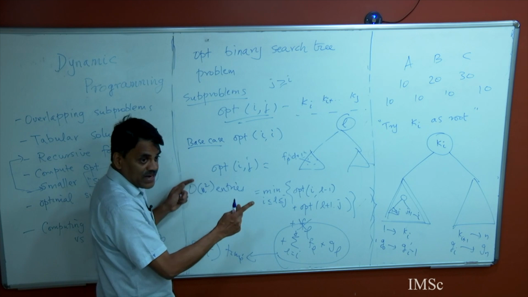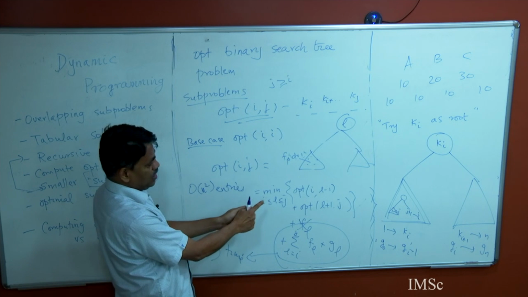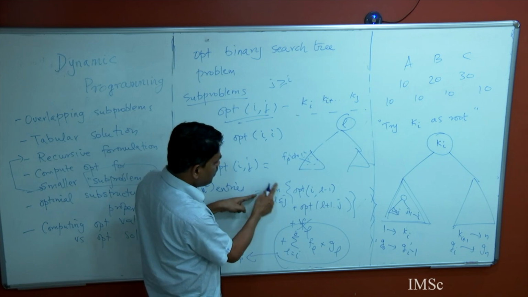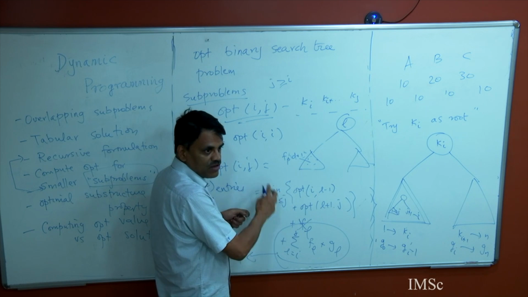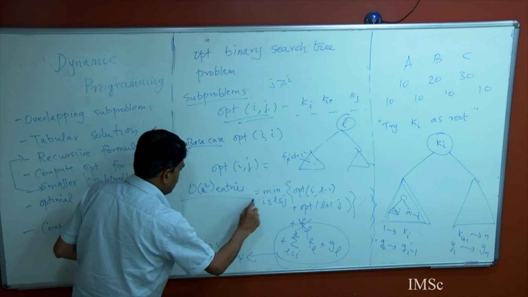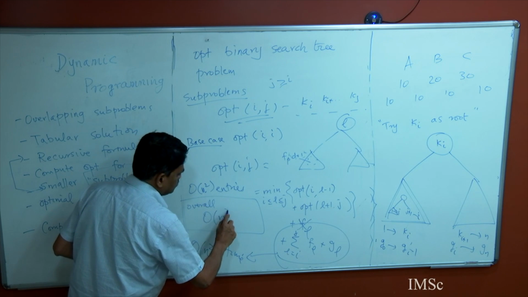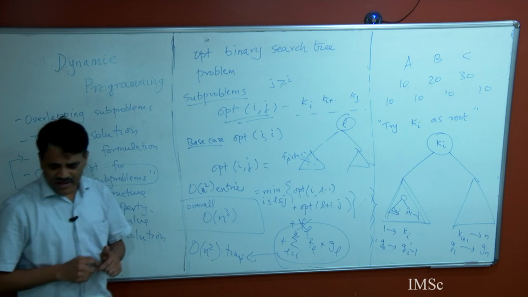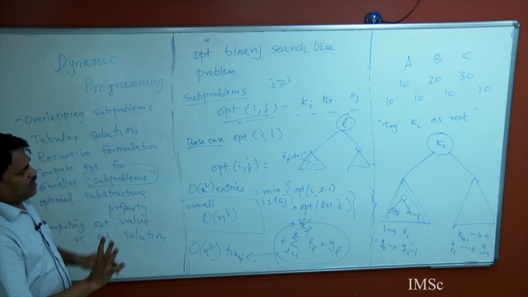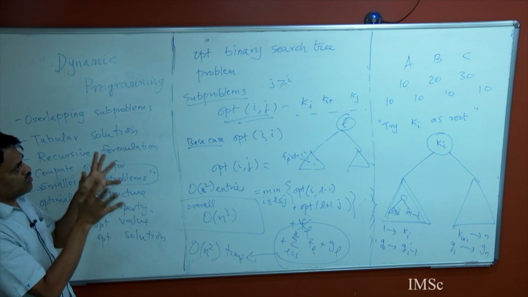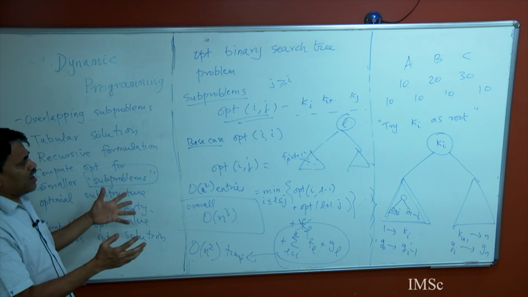Now to compute each entry, how much time? Order n. Because you are computing the min of some n different entries. This looks like constant, but you are computing the min of n different entries. So that's overall n cubed. Okay, this is actually a slight improvement to this, to n square, using some other ideas, but anyway, I just wanted to give you this slightly involved problem, and it's all about trying all possibilities.